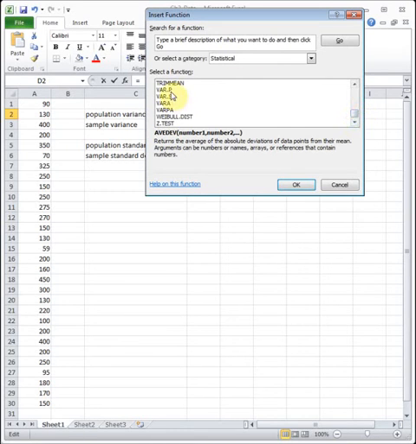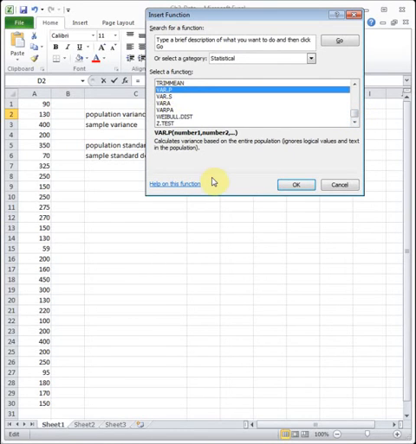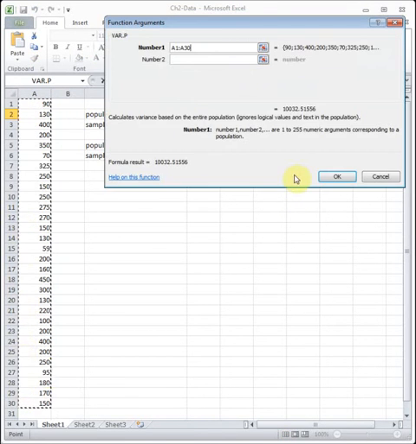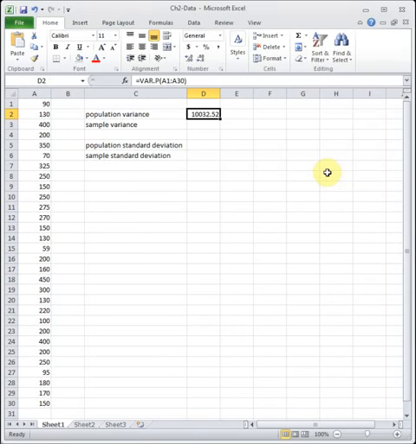We have a couple choices, but if you click on var.p, it tells you this calculates the variance based on the entire population, and that's what we want. So we pick var.p, highlight all your data, and click OK. Excel does all the math for you, and it tells you your population variance.